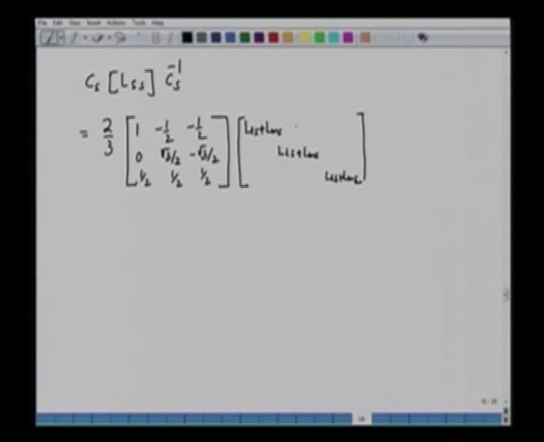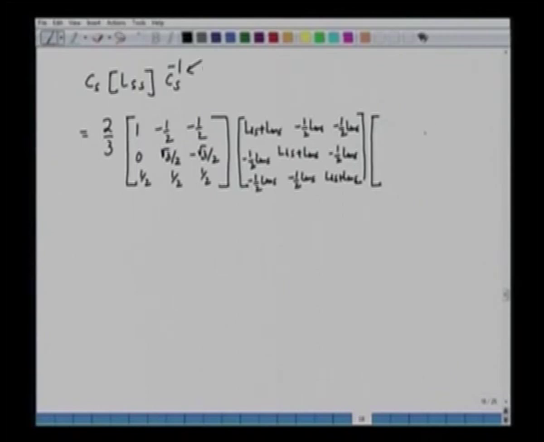The mutual terms are minus half LMS in all the off-diagonal positions. These are the mutual inductances between the two phases of the stator, stator A and stator B, and then we post multiply this inductance matrix by CS inverse.